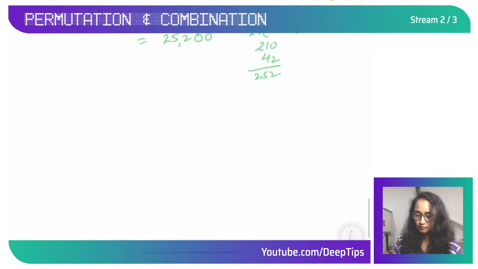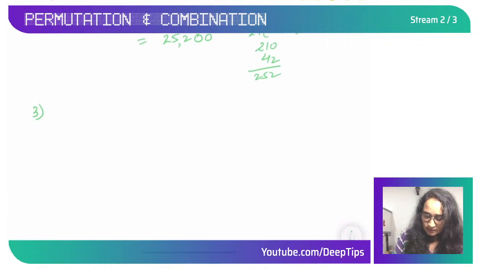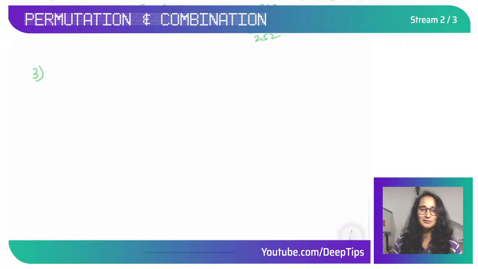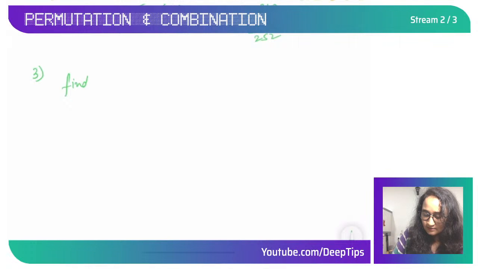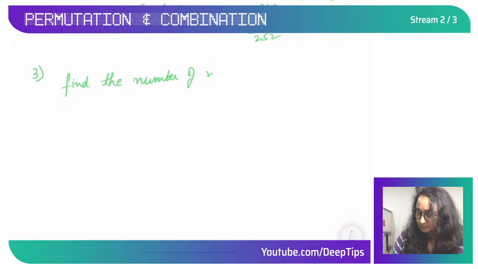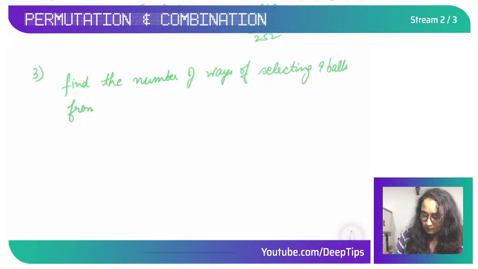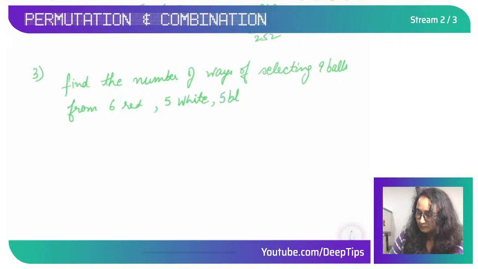Okay, so now my next question is a simpler question for you. This question is, find the number of ways of selecting 9 balls from 6 red balls, 5 white balls and 5 blue balls.